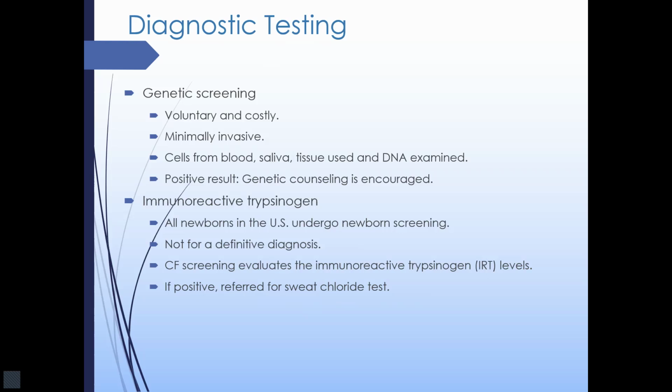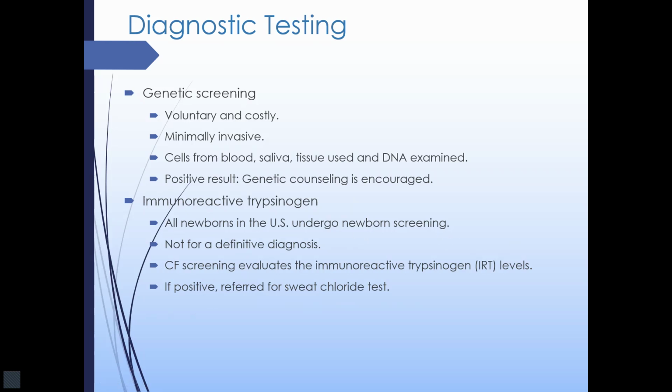So diagnosis. The coolest thing that's happened in probably the last 20 years is that all newborns are screened for cystic fibrosis. That's actually the second part here: immunoreactive trypsinogen, which is a fancy way of saying newborn screening.